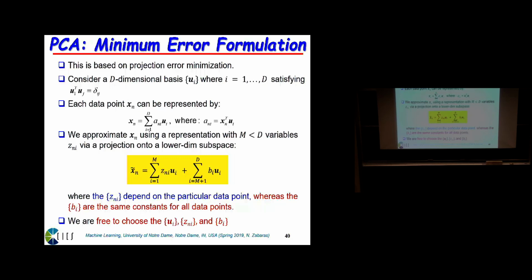So we need an approximation that only requires these m coefficients to describe approximately each data point xn. Again, look at this equation. We will see it many times in the following slides. Every point is approximated using the first m ui's, and then we have a projection to that subspace where the coefficients are independent of n.